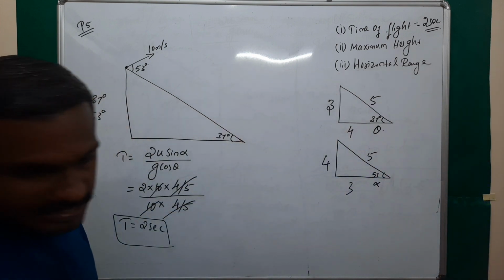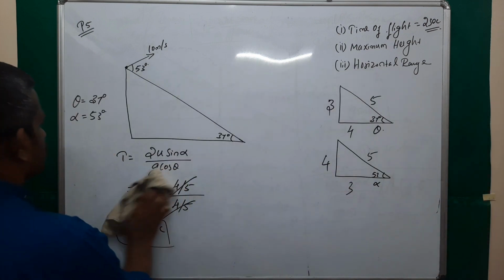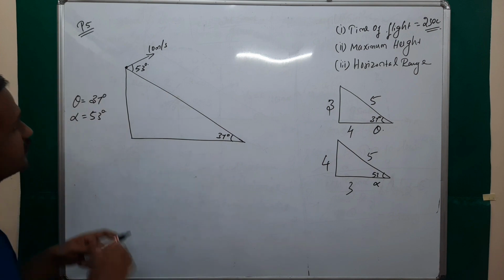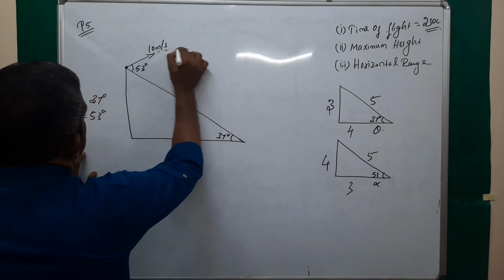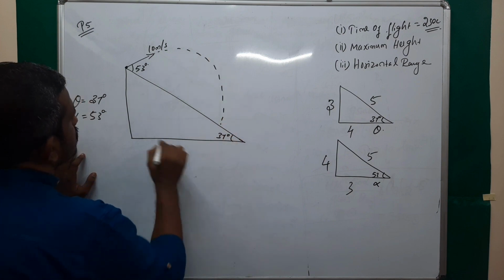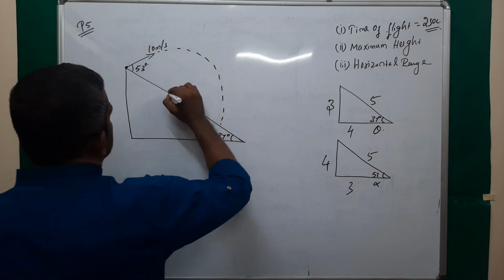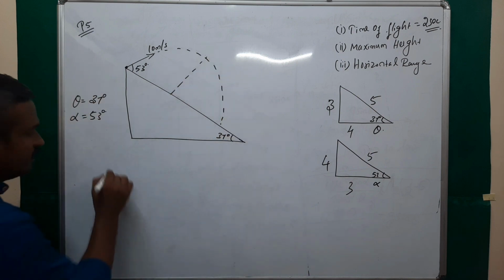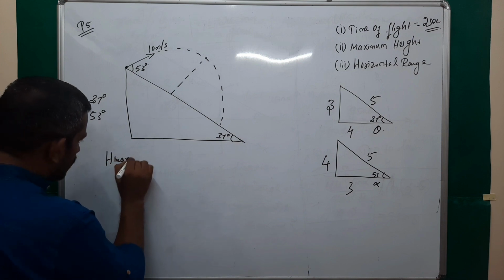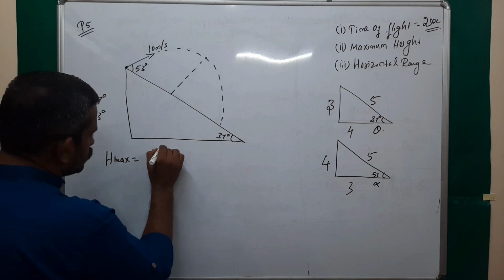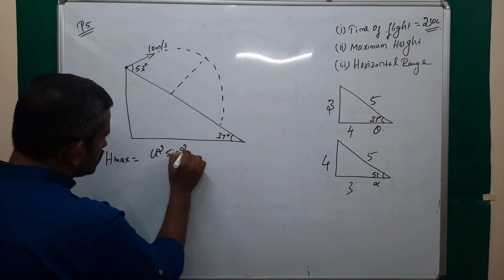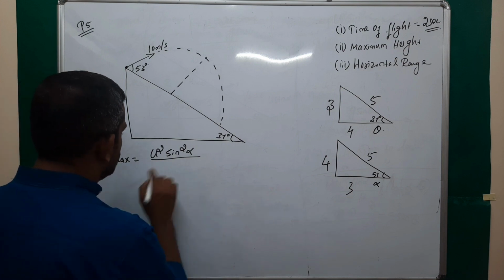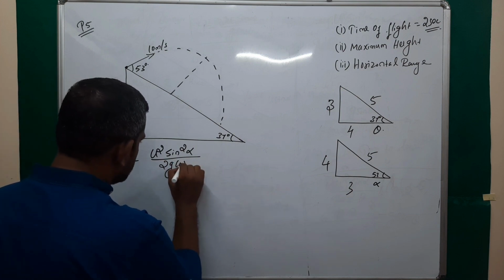Next, what do we have to find? That is maximum height. So what is the trajectory of the projectile? It will be like this. This is the maximum height. H max is equal to u square sin square alpha divided by 2g cos theta.